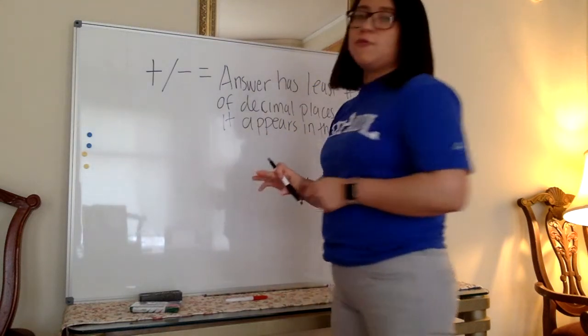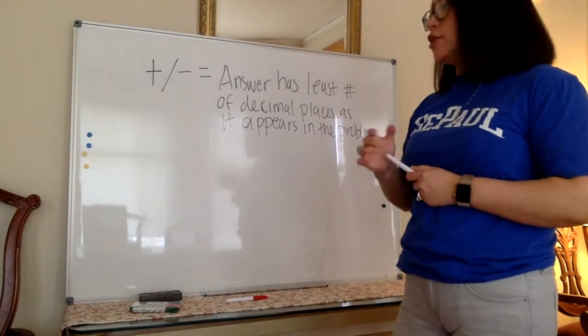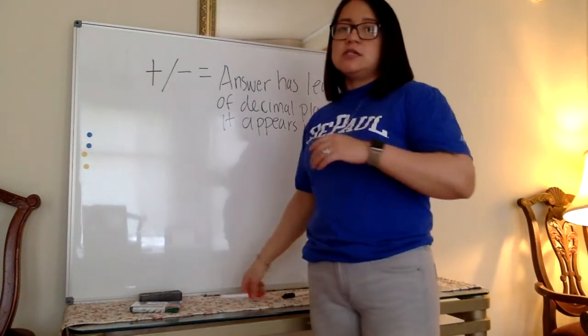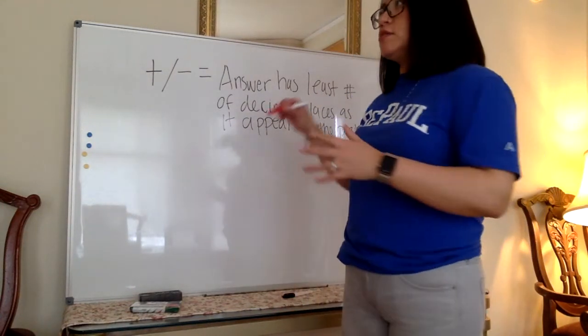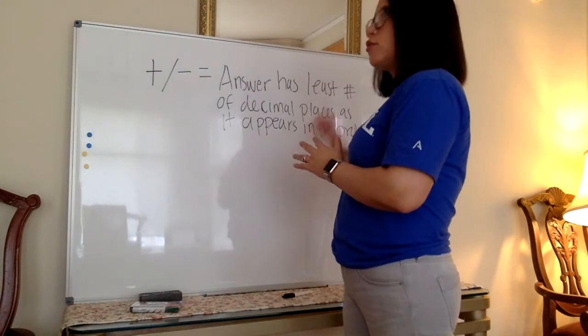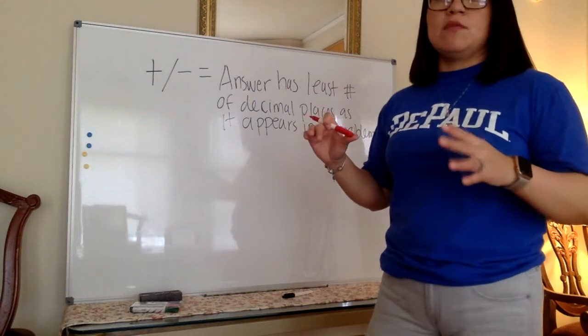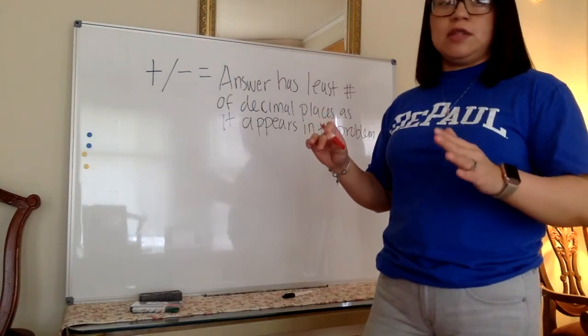So for addition and subtraction, you're only looking at the decimal place. Whether you're adding 2 or 3 or 4 numbers, you are using the number of decimal places of the one with the least amount in the problem.